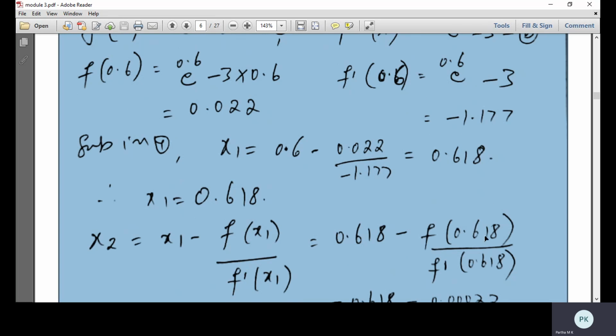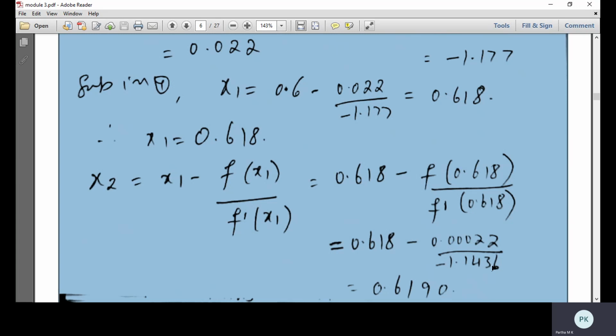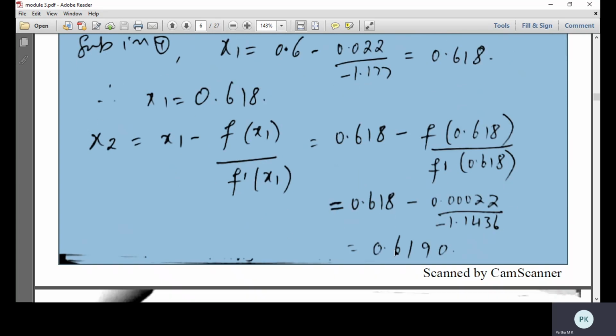Similarly, if I want f of 0.618, consider f(x) and put x is equal to 0.618. For f dash of 0.618, go to f dash x and there substitute x is equal to 0.618. Then you will get these values. So x2 is this. In the same way, you continue.